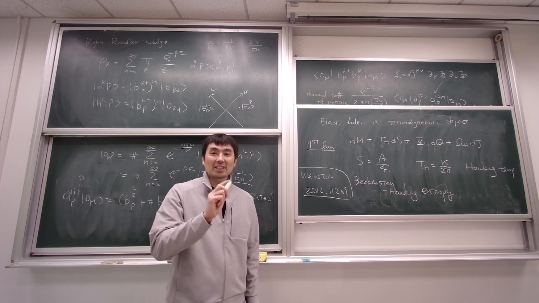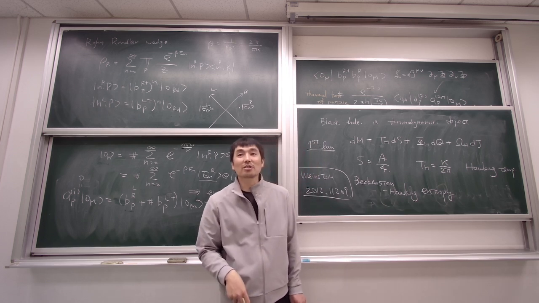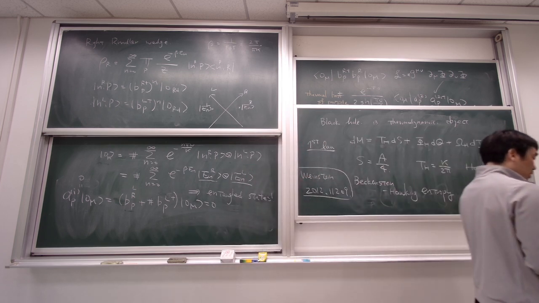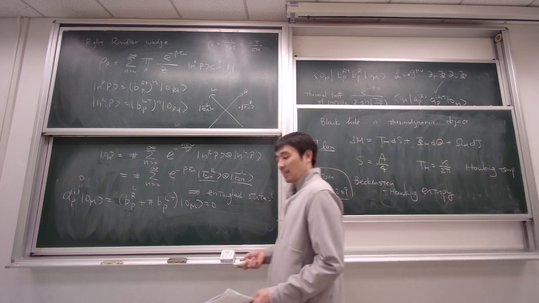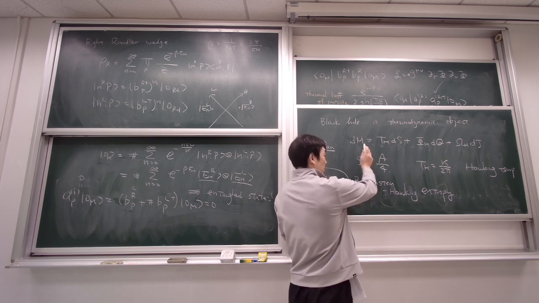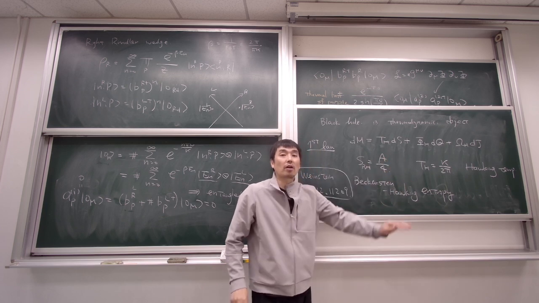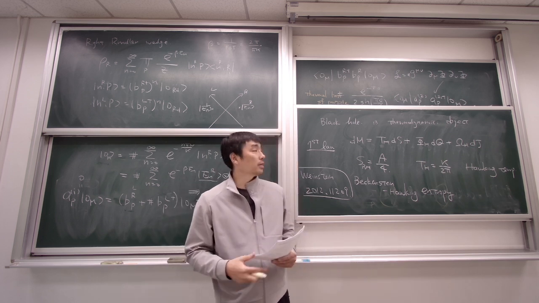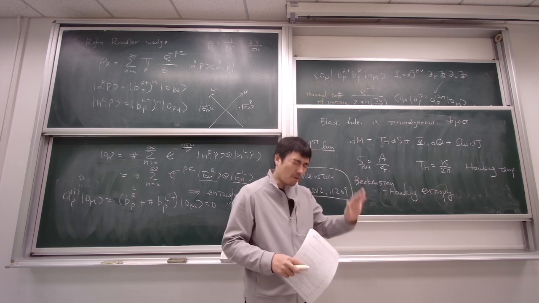The first question was asked by Wheeler: if you throw a cup of tea into the black hole, the cup of tea has entropy, so what happens in the black hole? Unless the black hole has entropy, it breaks the second law of thermodynamics. Bekenstein proposed that black hole entropy is proportional to the area of the horizon. Then Hawking found the proportionality coefficient is 1 over 4.